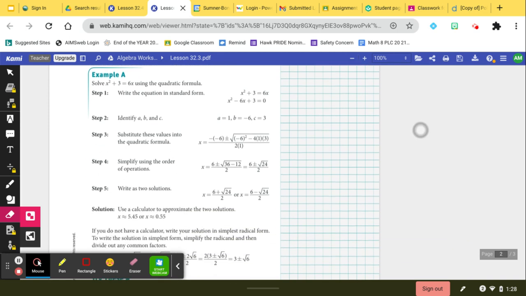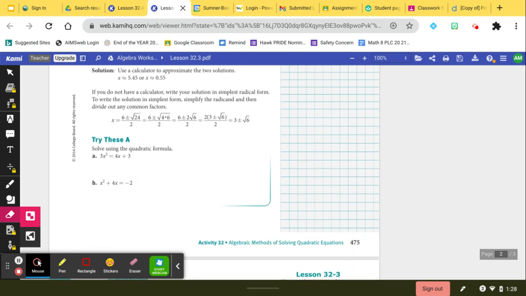So, example A is walking you through the process. We're going to do the try these. So now notice in try these A, my equation's not in standard form and not set equal to 0. So that's what we're going to need to do first. Remember, we want it in ax squared plus bx plus c is equal to 0.